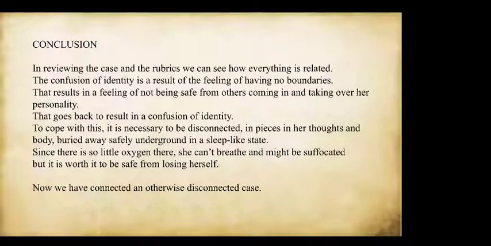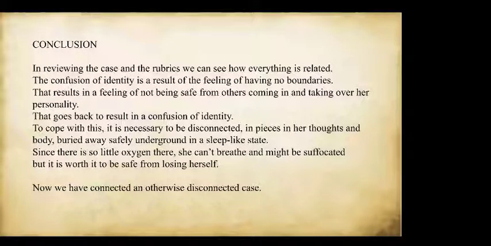So in reviewing the case, the rubrics, we can now see how everything is related. The confusion of identity is the result of the feelings of having no boundaries. That results in a feeling of not being safe from others coming in and taking over her personality. And that goes back to the confusion of identity.